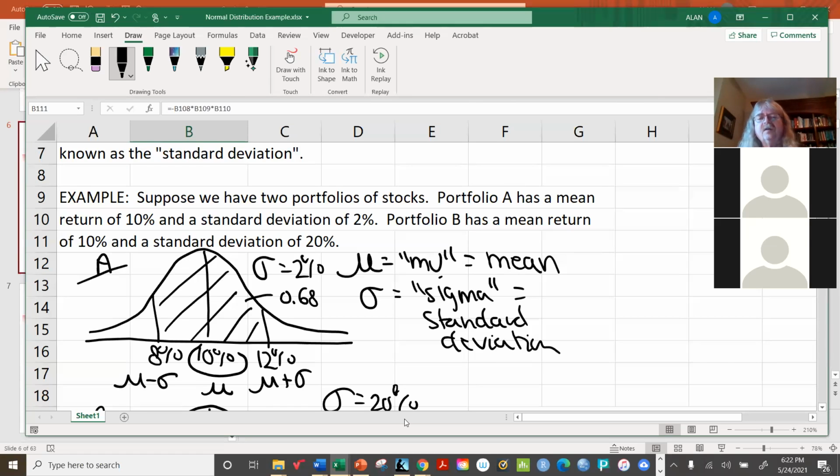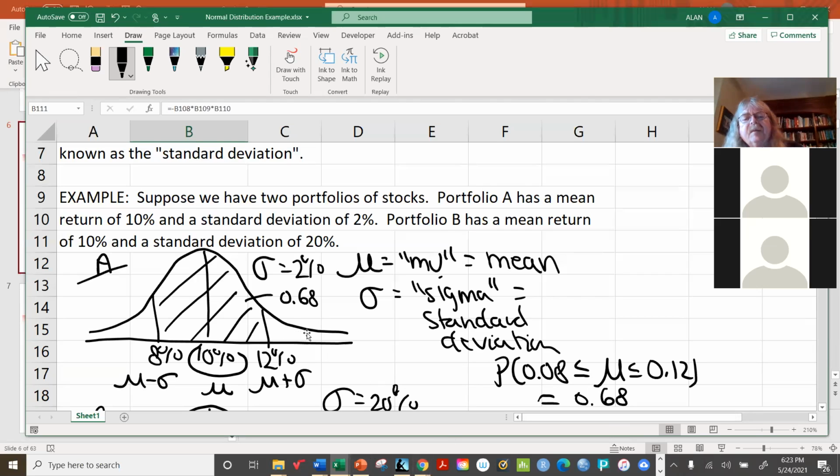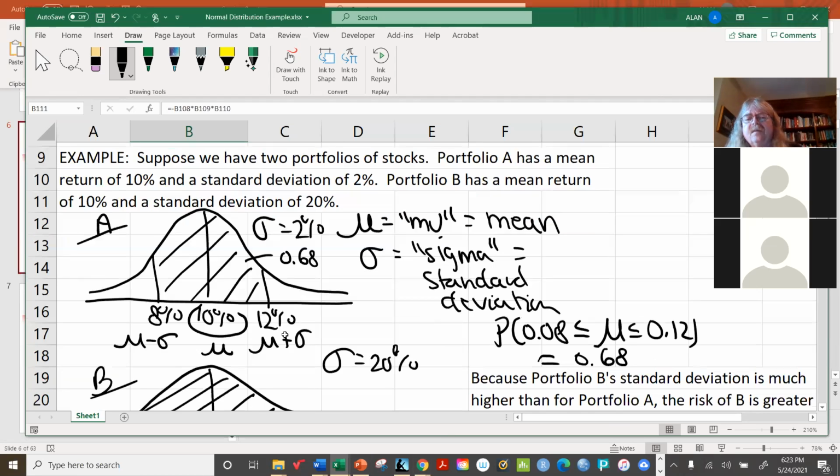So if you owned this portfolio of stocks, and it has these properties, that means the chances of your return falling between 8 and 12% is approximately 68%. And of course, as you move further and further away from the mean, the probability of being significantly off from the mean is quite low.